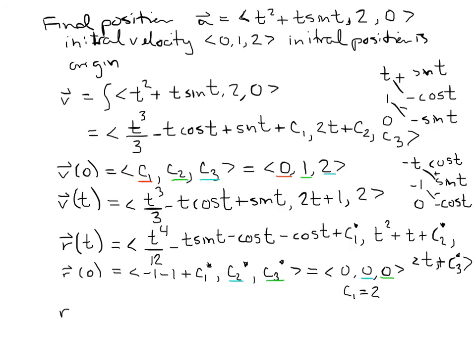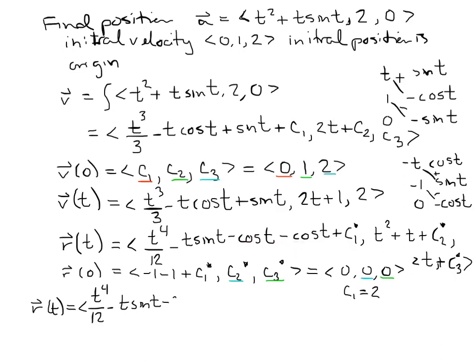Now I can write down my position. Actually, I'm going to move this over a little bit because this is going to be a little long. All right, position at any time. For the x component, I have t to the 4th over 12 minus t sine of t. Now I have 2 cosines here. I'm going to combine those.